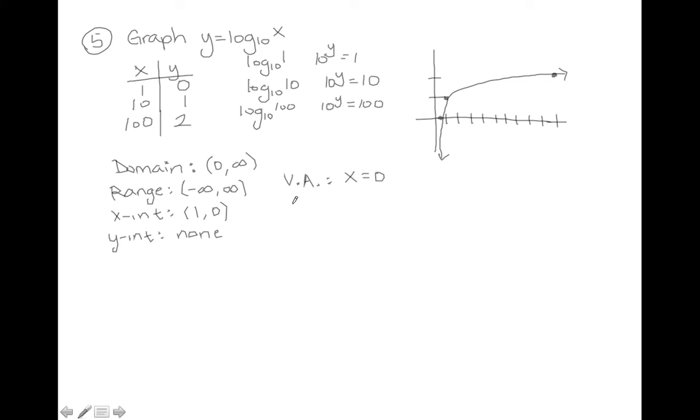It is also smooth and continuous, just like exponentials. And it is increasing, at least this particular one, all the way from left to right.